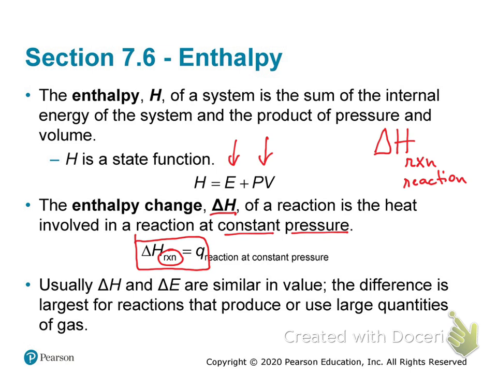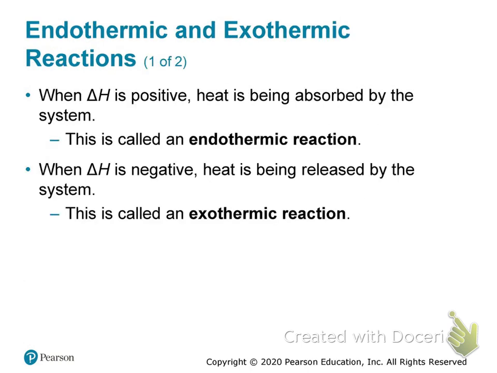The last bullet talks about how close, numerically speaking, delta H and delta E are. So they start to become separated for processes that use large quantities of gas. We don't need to get into this again. What we're really interested in is the enthalpy change.